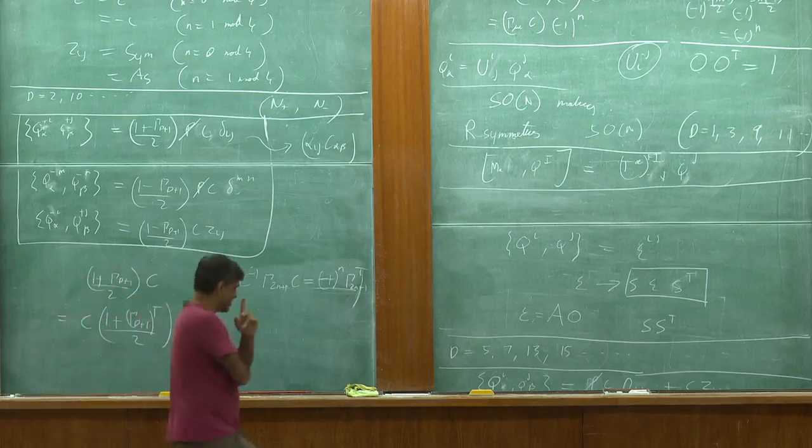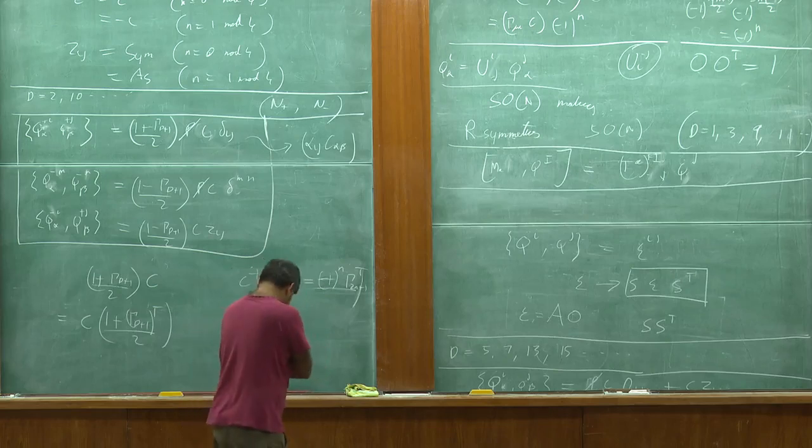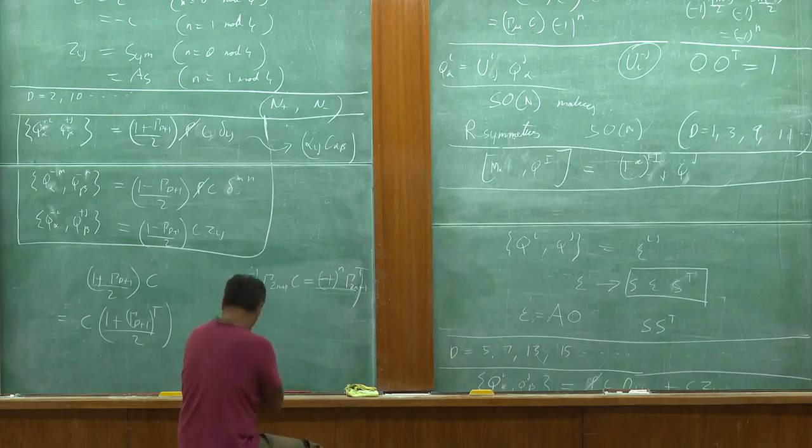Something is wrong. Give me a minute. Was this minus 1 by n or? Just a minute. Is gamma d plus 1 symmetric?